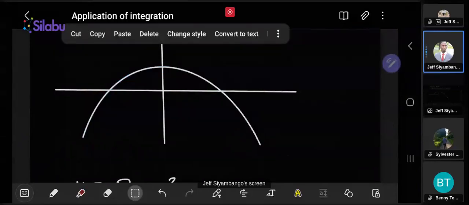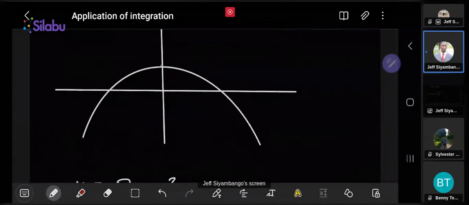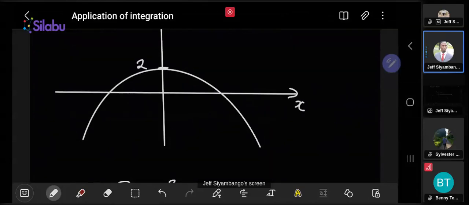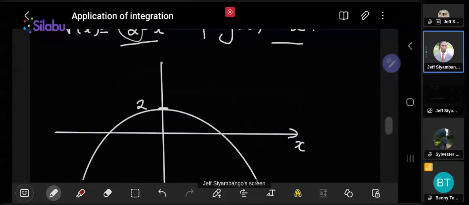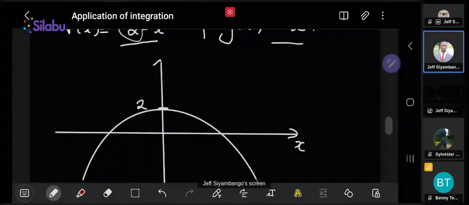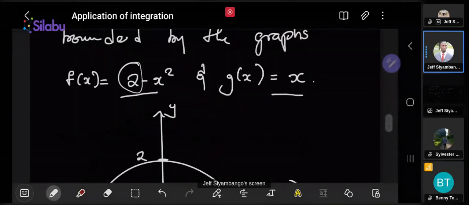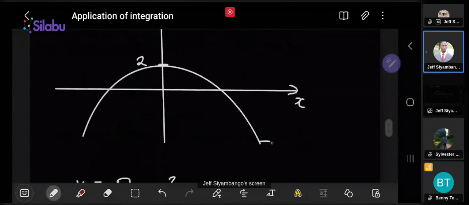So this is where our graph is, and that point is going to be at 2. So this is our x, and this is our y. What's missing? g of x. So this is f of x is equals to 2 minus x squared.